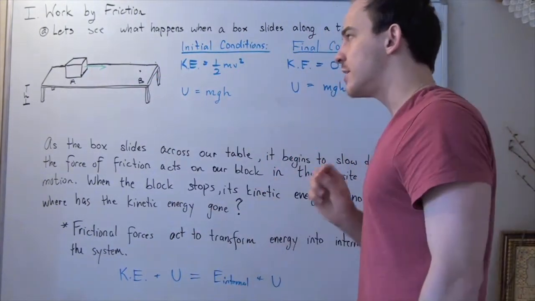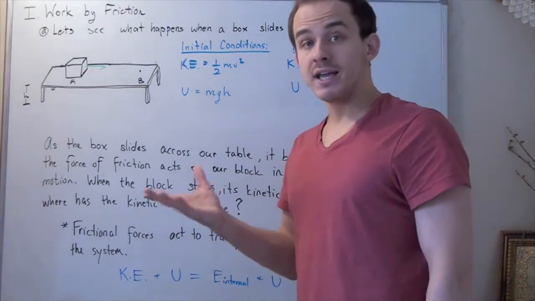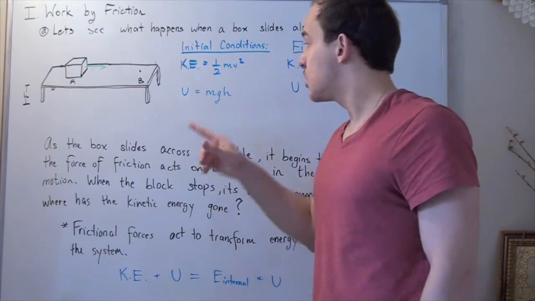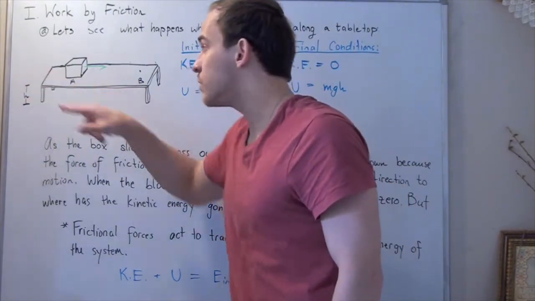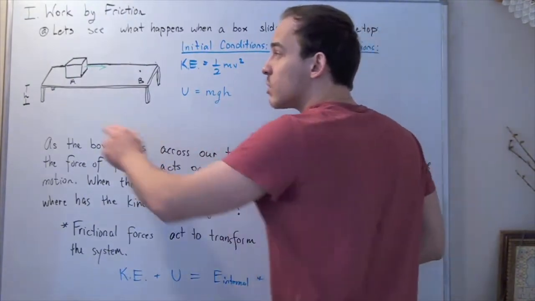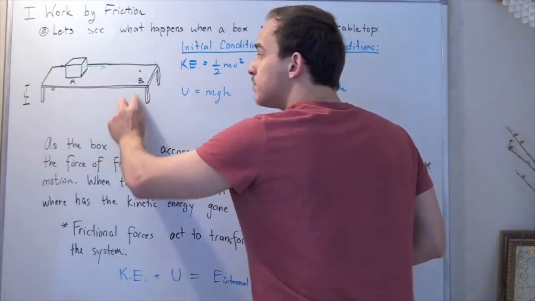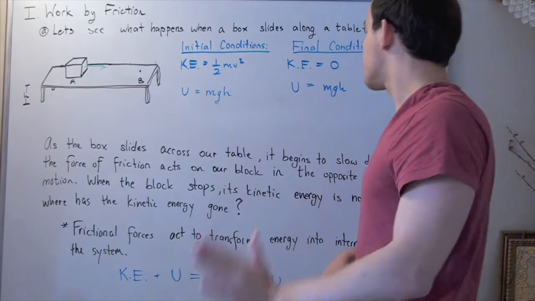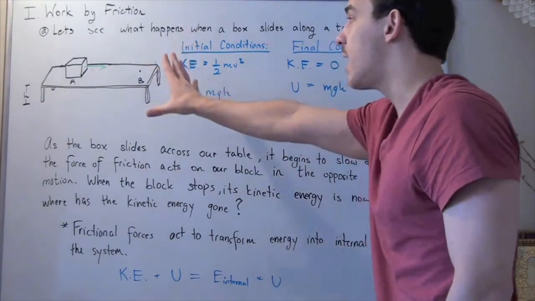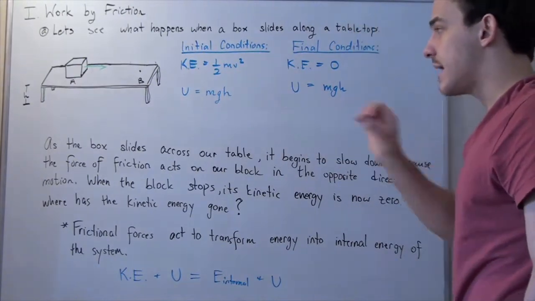Well, the potential energy does not change. Why? Because the mass doesn't change, g doesn't change, and h, the height, also doesn't change, right? We're assuming the tabletop is leveled. So the height at this point and this point is exactly the same. That means our potential energy due to gravity of the box remains the same.